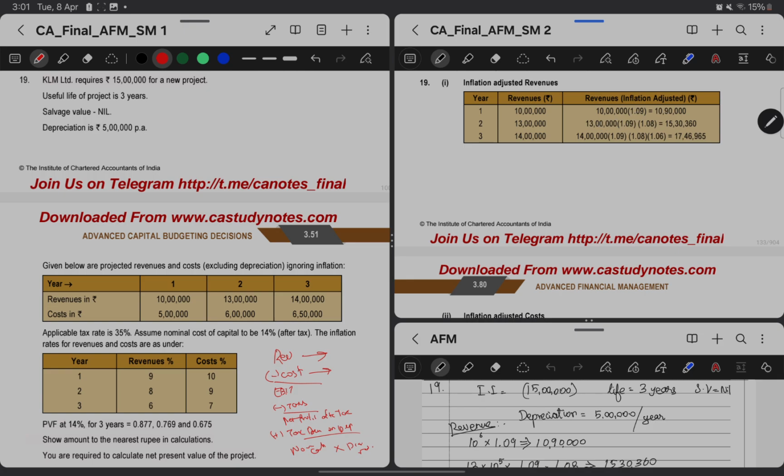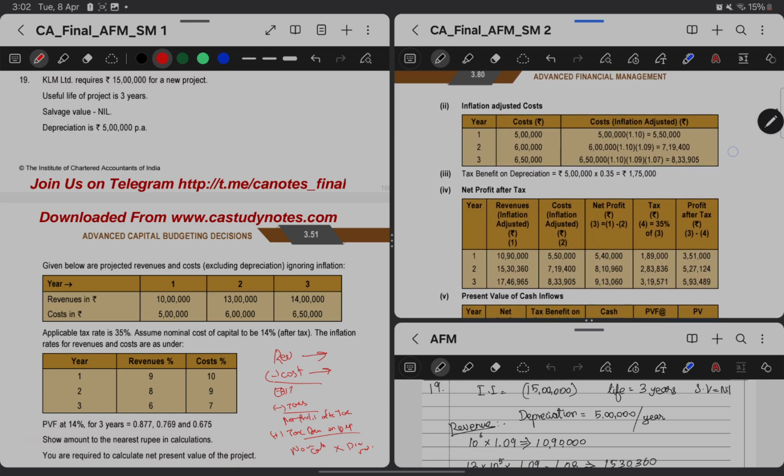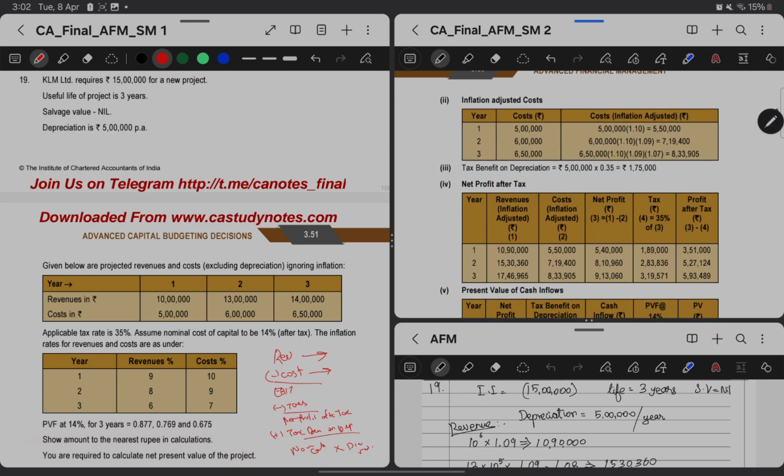So 14 lakhs plus 9% plus 8% plus 6% in calculator also works, or while solving 14 lakhs into 1.09 into 1.08 into 1.06 will give a value of 17 lakh 46,965 rounded up to nearest rupees. Same case goes with cost also. How we did revenue, same with cost.